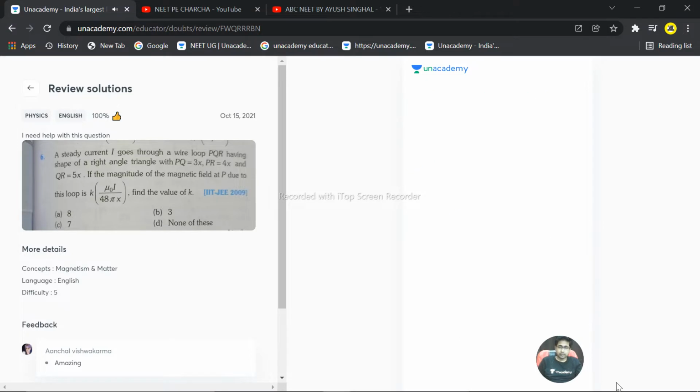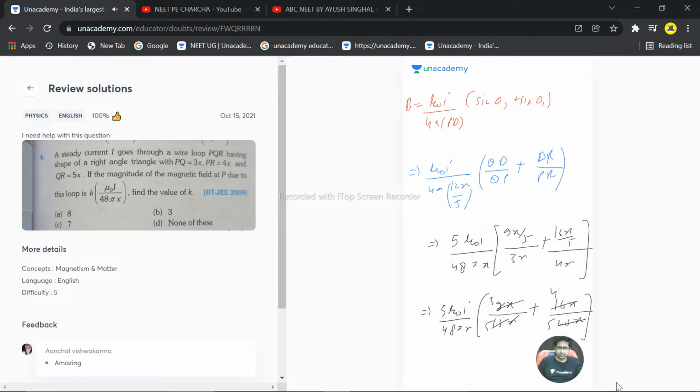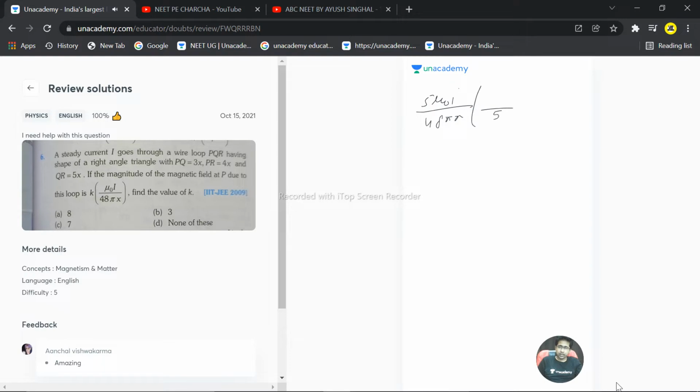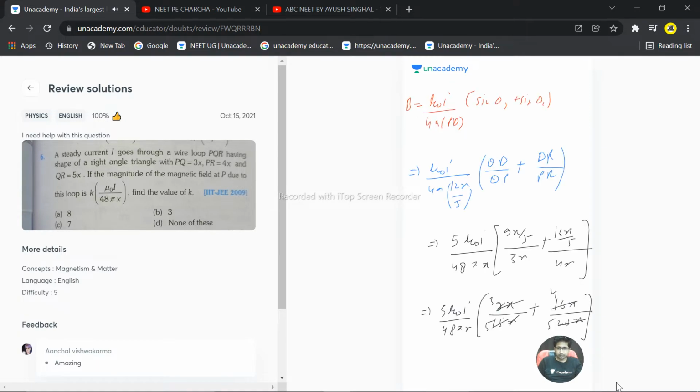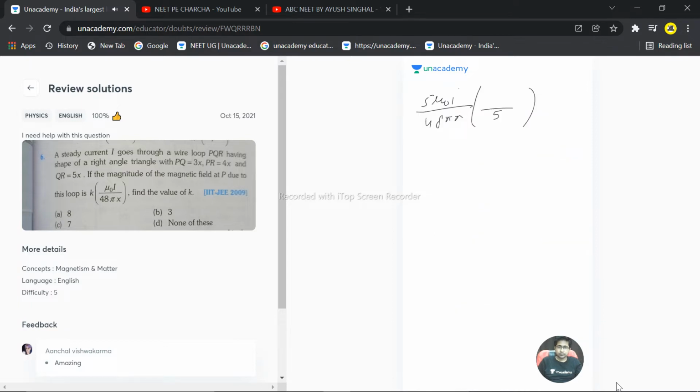So we get 5 mu naught I by 48 pi x, and in the bracket, taking the LCM 5, above we have 3 plus 4, 7. The 5 and 5 cancel out, so we get 7 mu naught I by 48 pi x. So K is equal to 7.